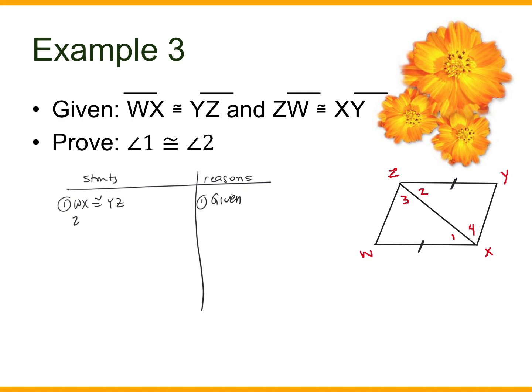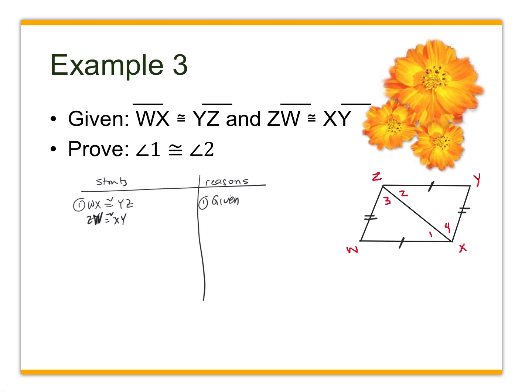And then it also says that ZW is congruent to XY. So ZW is congruent to XY. That's also given. They want me to prove that angle 1 and angle 2 are congruent. Well, again, I've got to figure out what's going on.